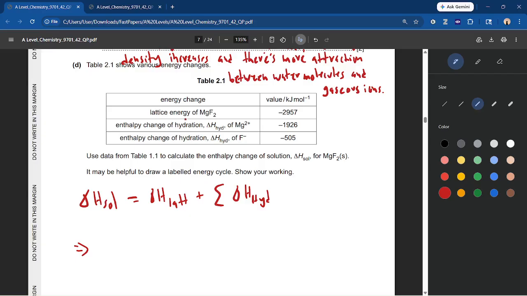So your lattice energy over here is going to be minus 2957, but as it's dissolving, this is going to turn to positive. So this is going to be 2957 plus, and if we sum up all the hydration, it's minus 1926 plus minus 505 times 2.